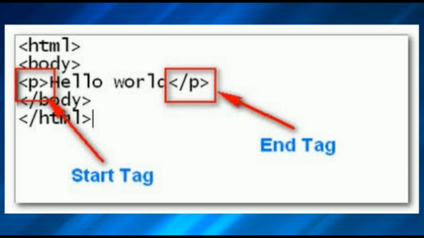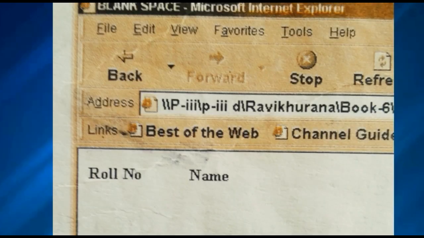Today we will learn about some more formatting tags that we can use in HTML scripting for web pages. The first is inserting blank spaces in the text. How we can insert blank spaces while we are writing script.